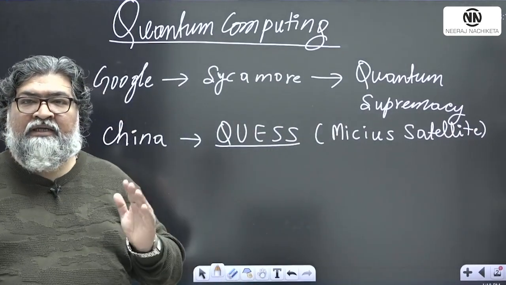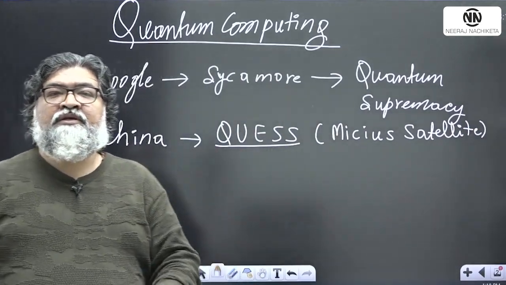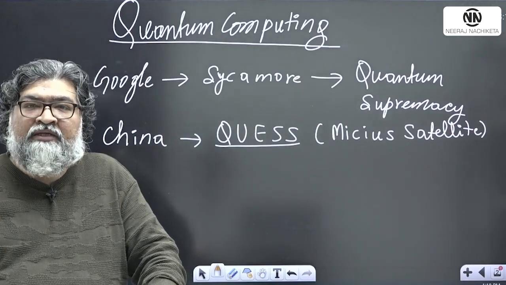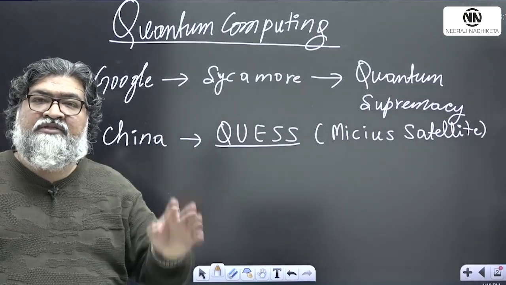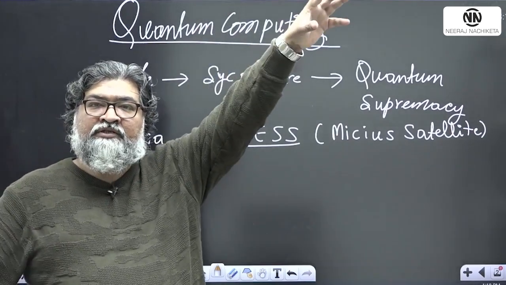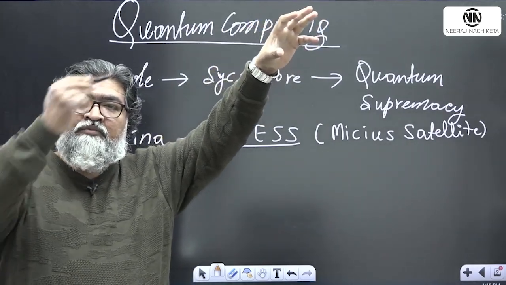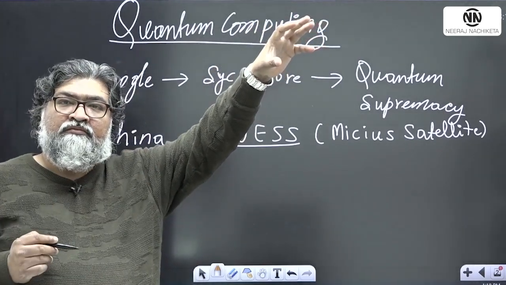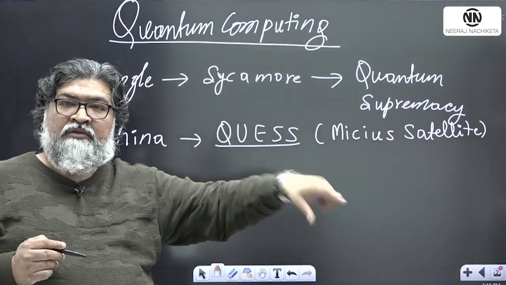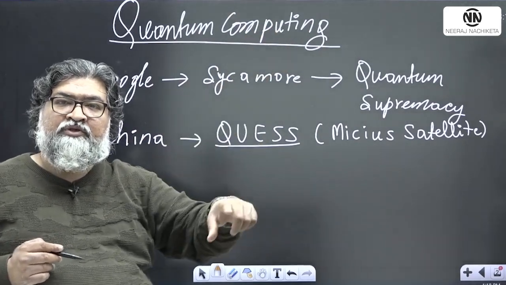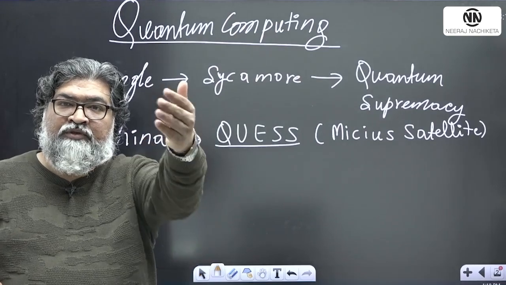This satellite is named after the 5th century BC Chinese philosopher and scientist Micius. The satellite was built and launched in outer space, and it carried out quantum communication using photon light. Quantum communication was demonstrated. That is going to be the future.